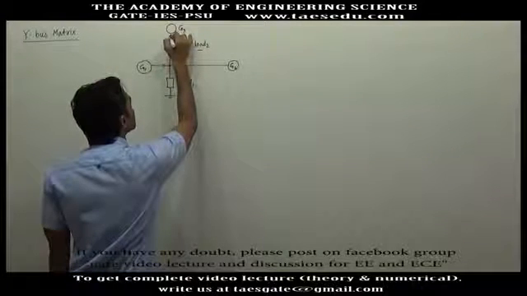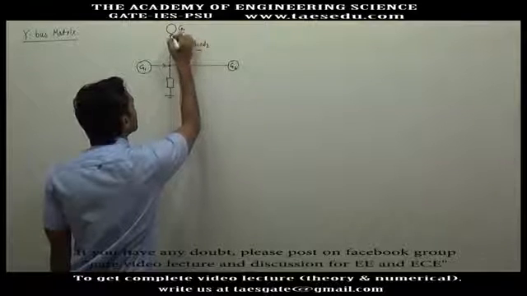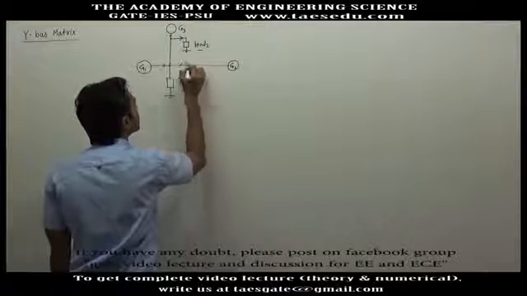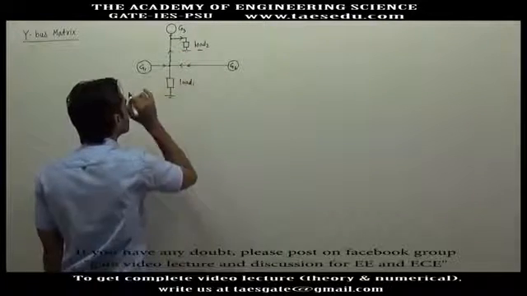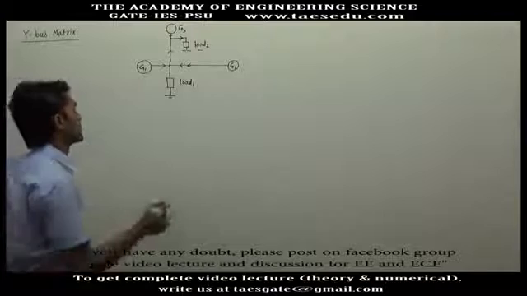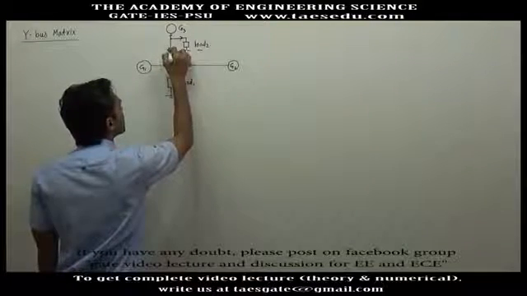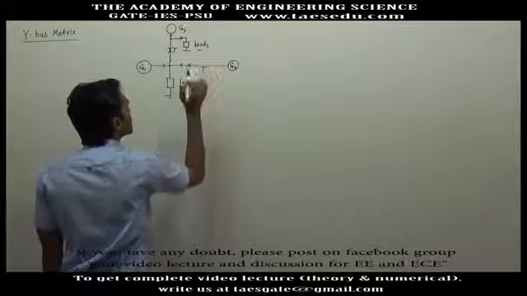So this load will take current from generator 3 and generator 2. Okay, and these are connected through transmission lines. Let's say this is a transmission line, this is also a transmission line.